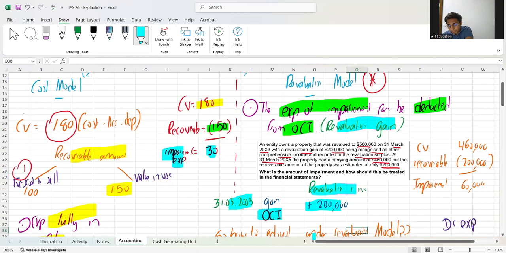Okay, at 31st March 2005, the property had a carrying amount of 460,000. So this is after 2 years, after a revaluation happened. At your reporting date, your accountants have gone and recorded in your books that the asset, according to them, is valued at 460,000.